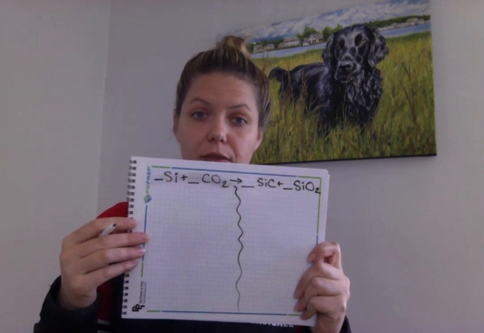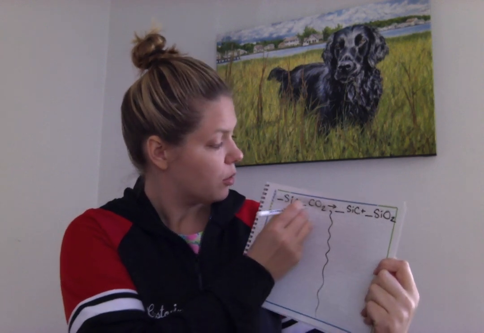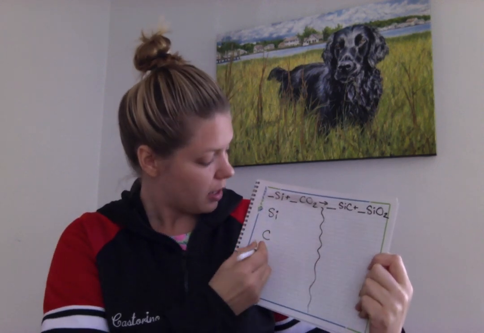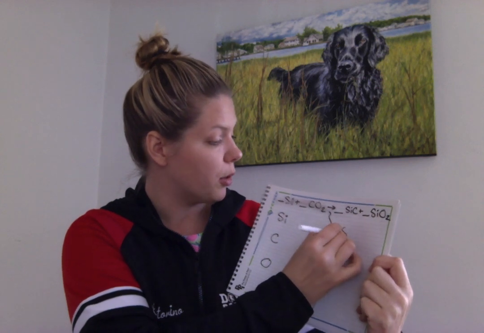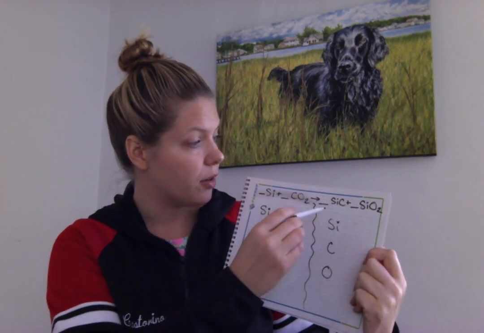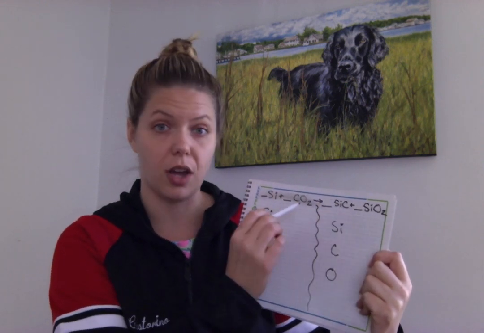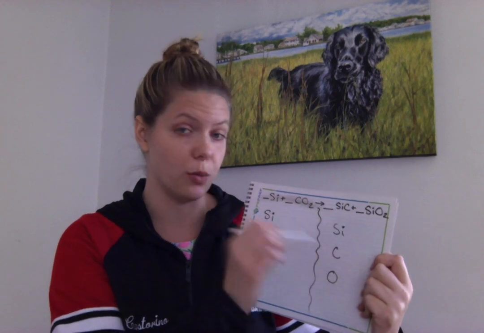And then you want to identify your elements. We have silicon, we have carbon, and we have oxygen on both sides. All right? And we have silicon in 2 of the compounds for our products. So you want to pay attention when you're counting those up.